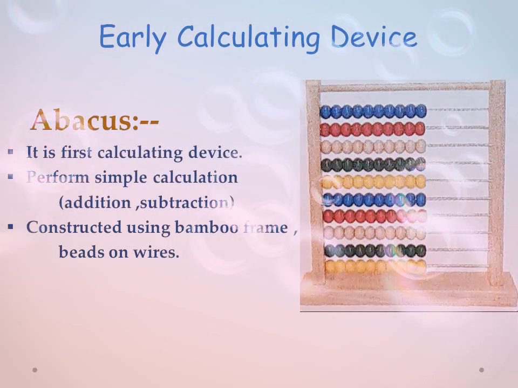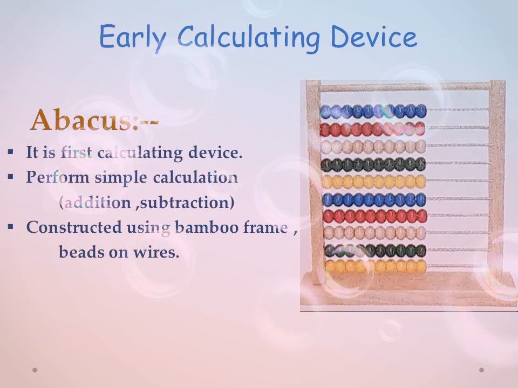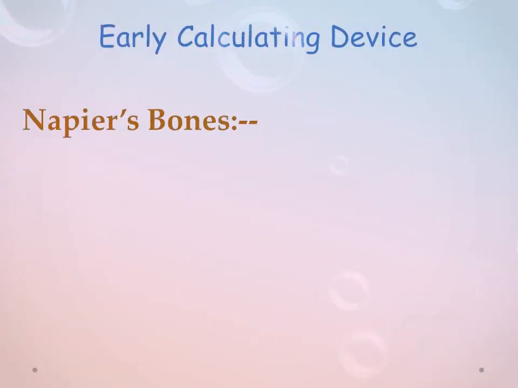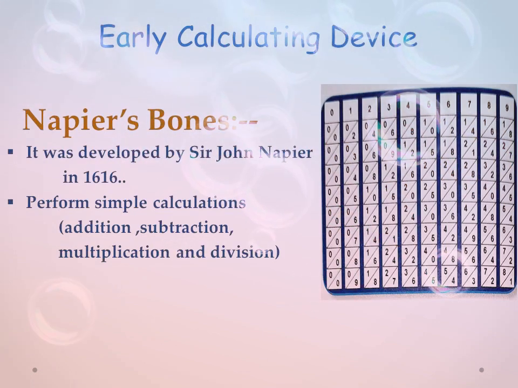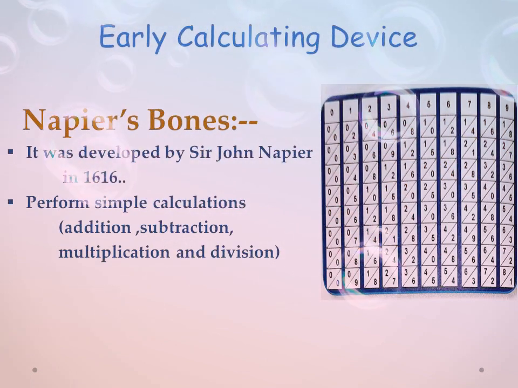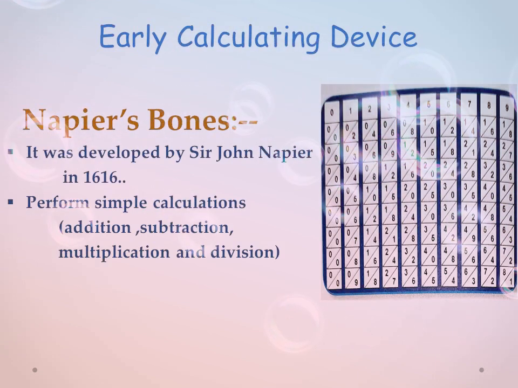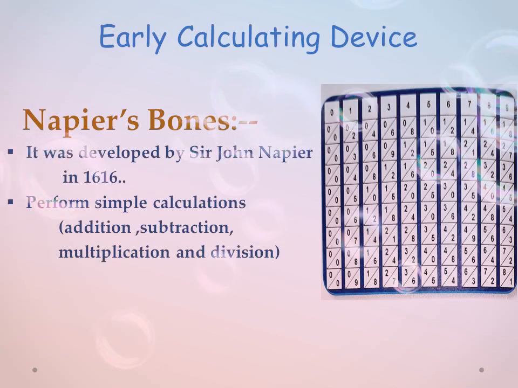Second one, Napier bones. Napier bones was developed by Sir John Napier in 1616. The device was used to perform calculations involving addition, subtraction, multiplication and division. This is the Napier bones.